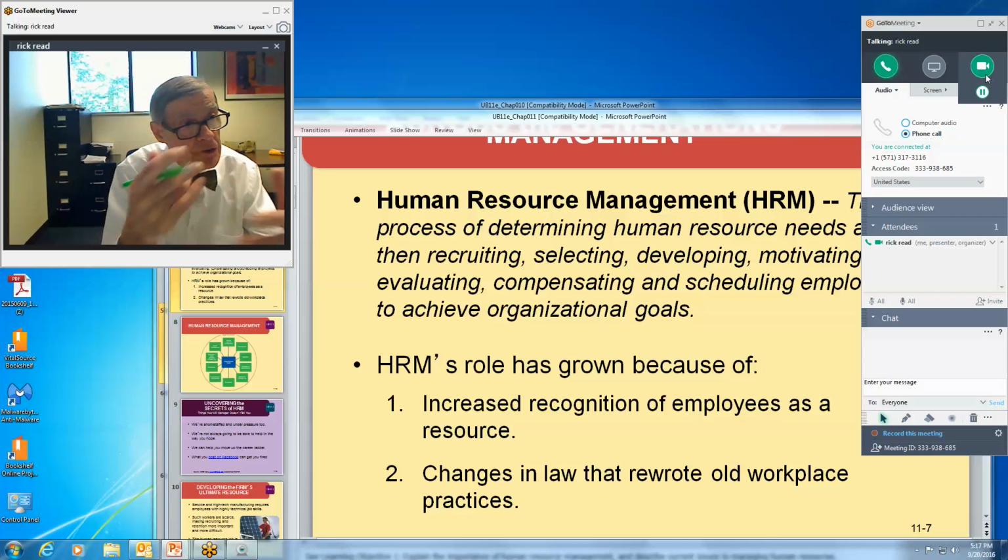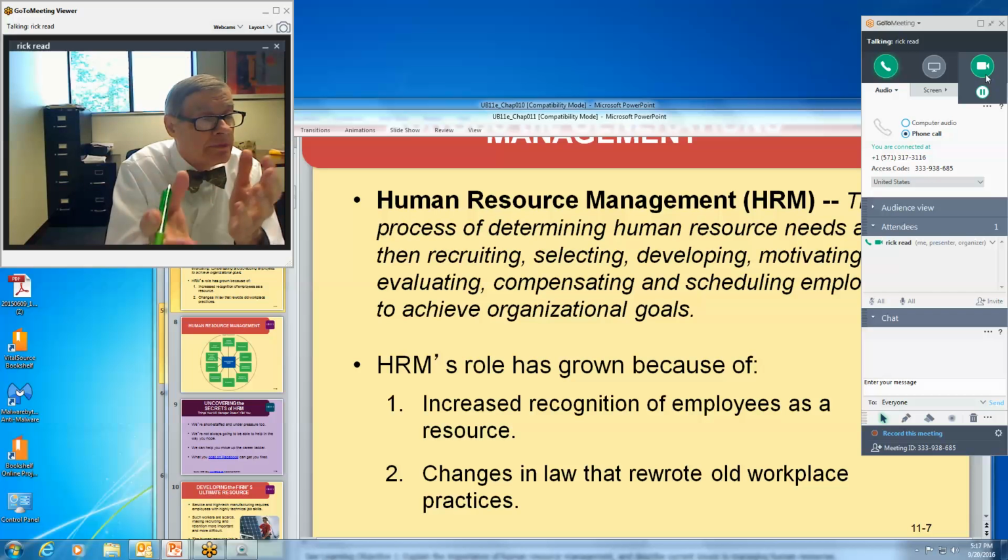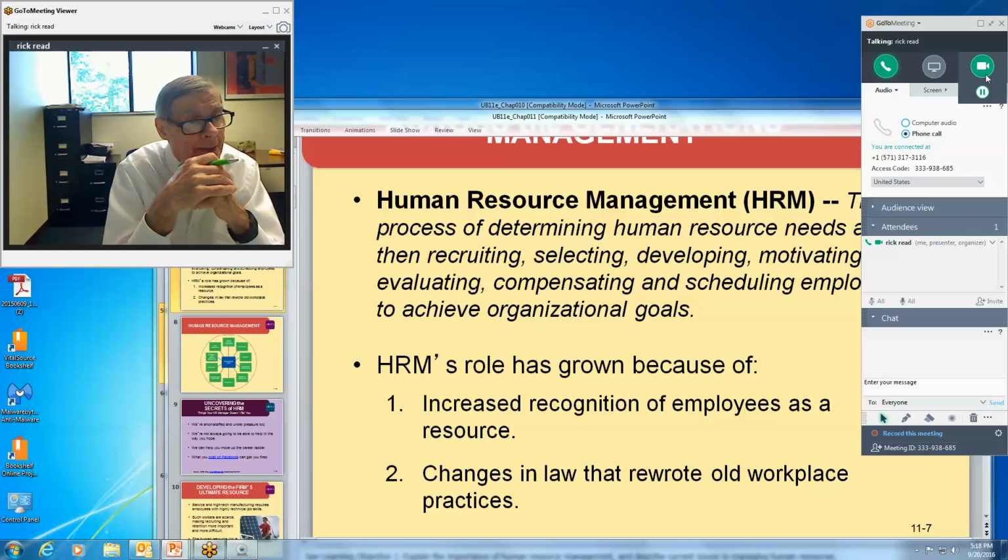It trains managers in motivation techniques. Evaluating, again, they don't do it as much as managers do, but they have to train them to do that. Setting up compensation programs, and then scheduling employees to achieve organizational goals.